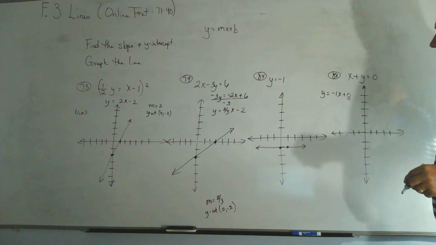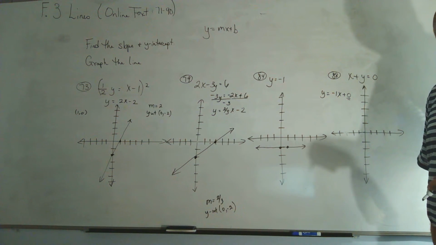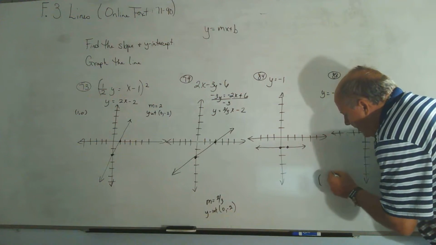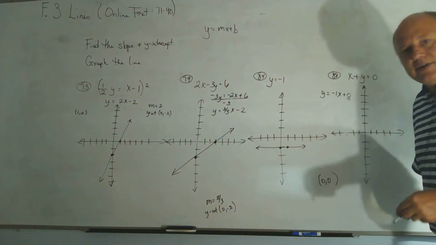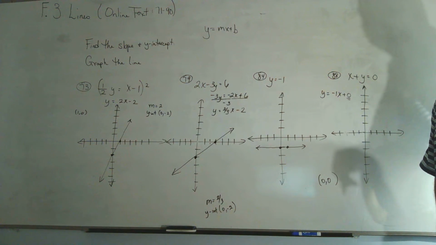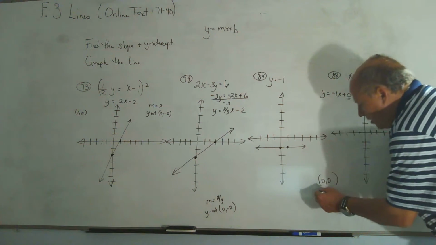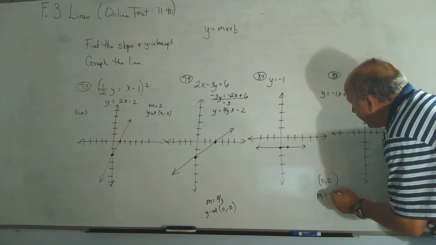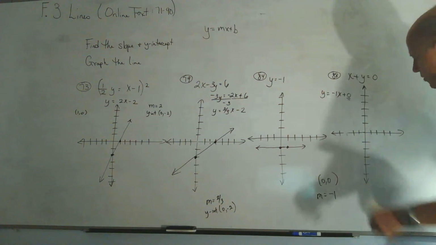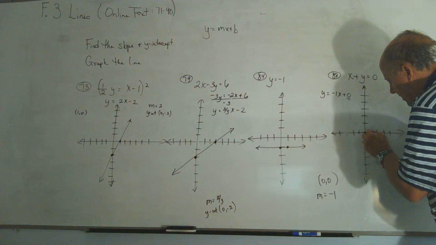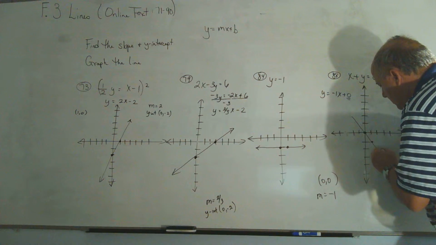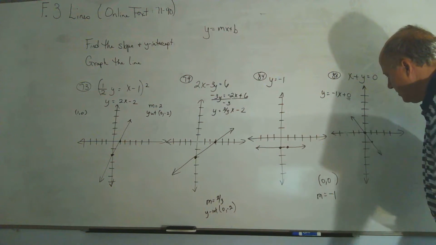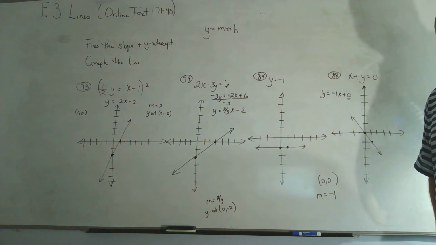So y equals negative 1x plus 0. So the y-intercept is (0, 0), so it goes to the origin. So lines can go to the origin. This is the one that goes to the origin. And then the slope is negative 1. So going through the origin, (0, 0), and a slope of negative 1, rise 1, run 1, so it runs through like that.